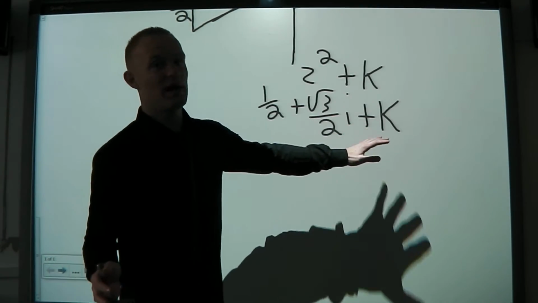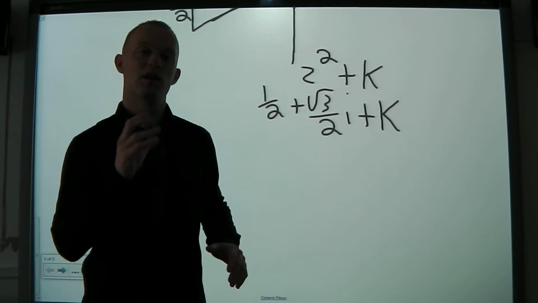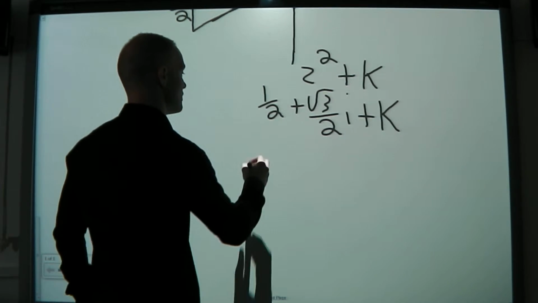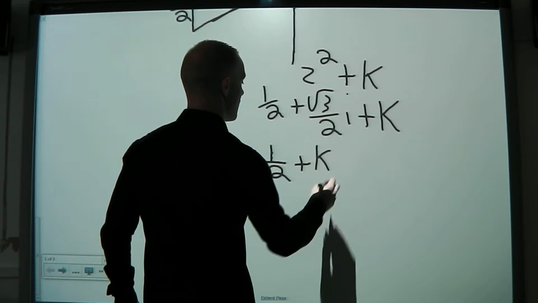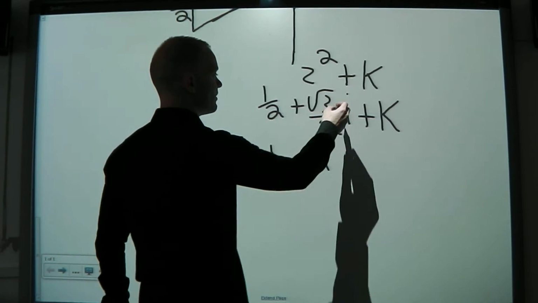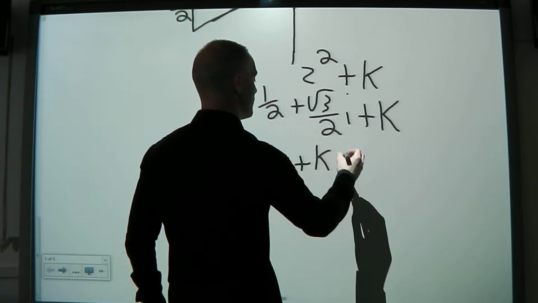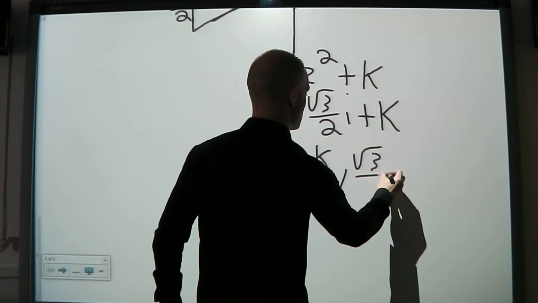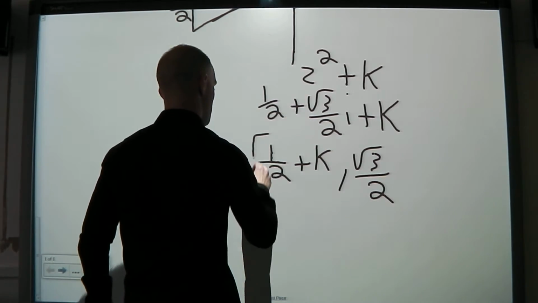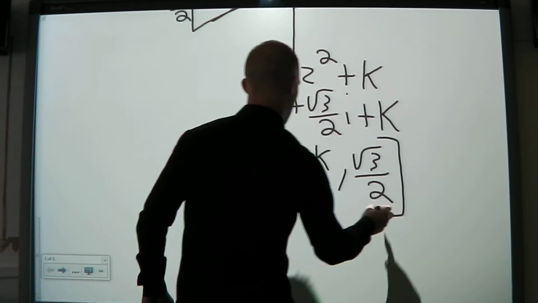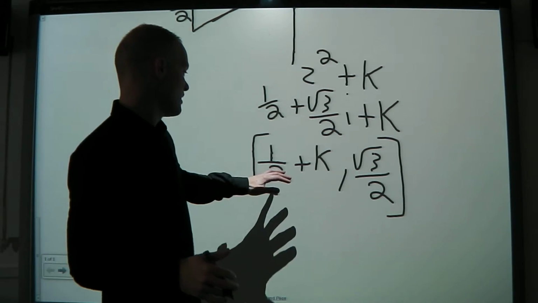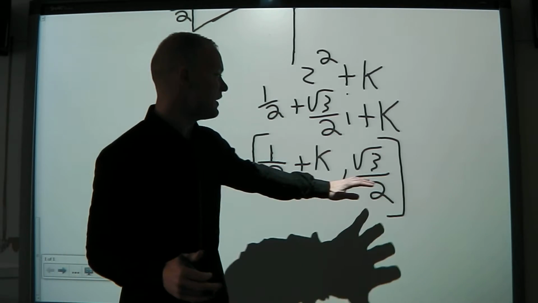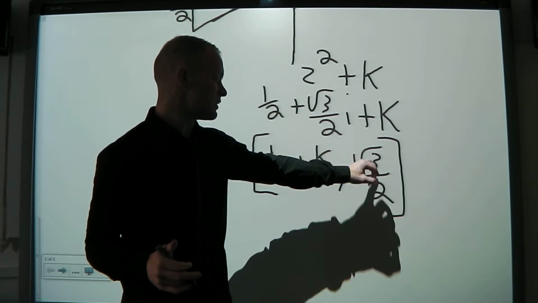Now, as we know k is real, so we can put this in terms of real and imaginary terms. So our x term is going to be a half plus k, and our imaginary term, the only term that contains i, is root 3 over 2. So that is the point on the line in terms of its x and y coordinates. The real term is the x coordinate and the imaginary term is the y coordinate, which is here.